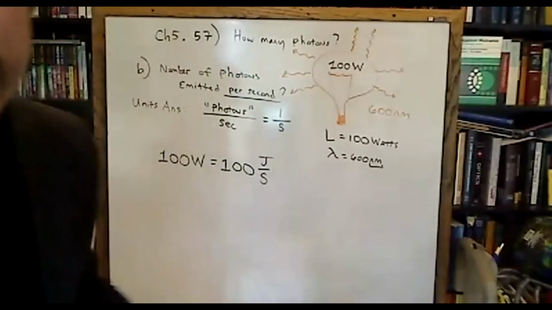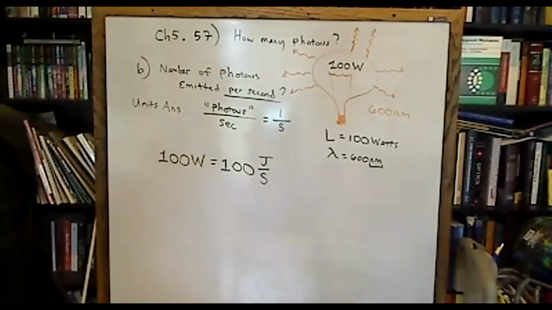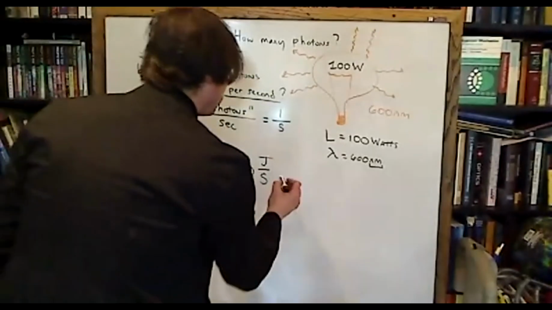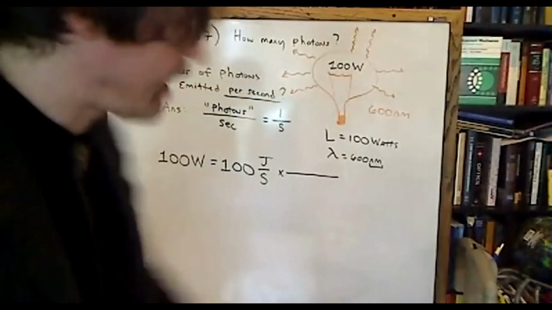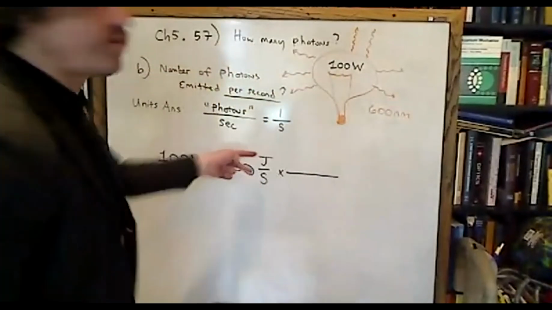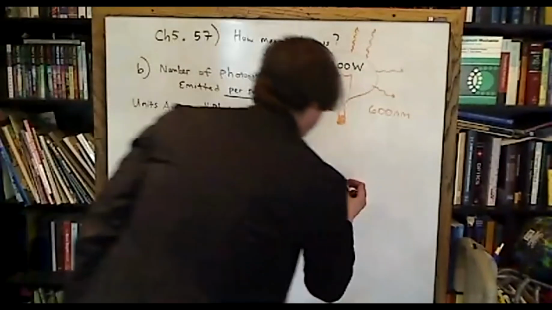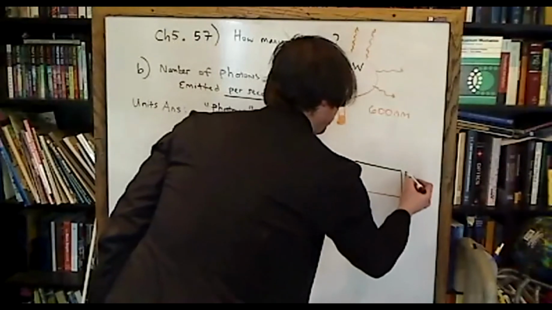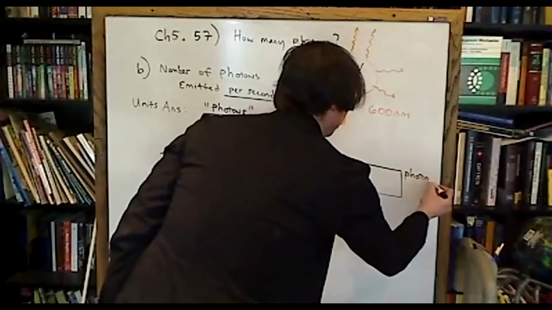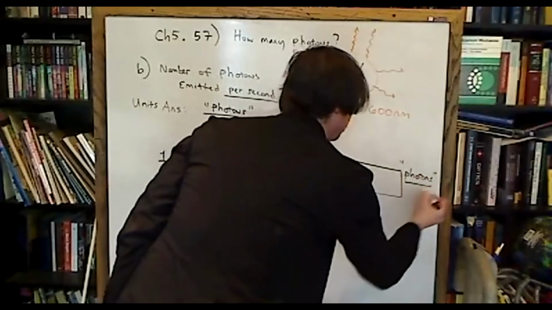What if we treated this like a big dimensional analysis problem? In other words, what if I tried to multiply by a division bar, and I argued to myself, I want to start off with joules per second, and I want to end up with an answer that has units of photons per second.